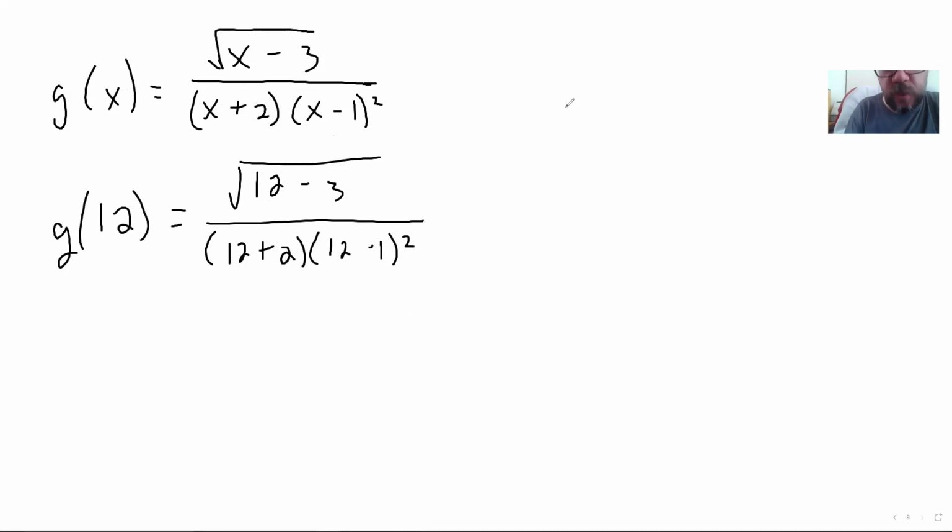And we would simplify that, right? So the numerator there is the square root of 9, which is 3. And the denominator is 14 times 121, whatever that is. I'm not going to worry about that. Feel free to jam that into a calculator if you're interested in what the number is. I'm not.